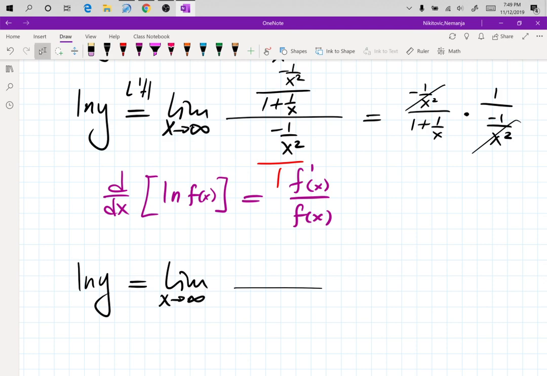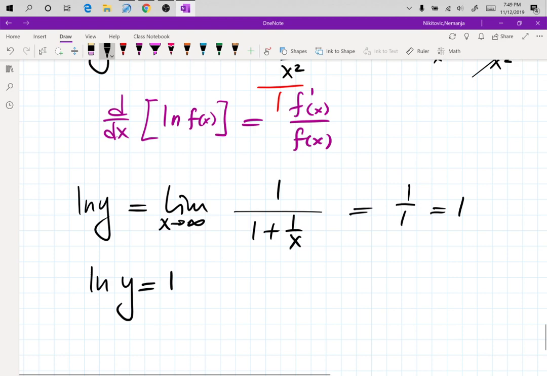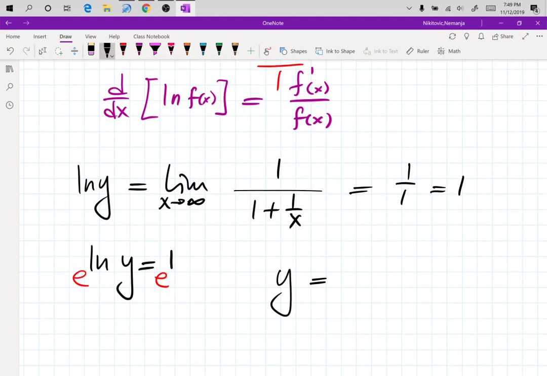When you plug in infinity, you get 1 over 1, which becomes 1. And now you have ln of y is equal to 1. To get y alone, you e both sides. And what you get is, ln and e cancel, y equals e to the 1, which is e.